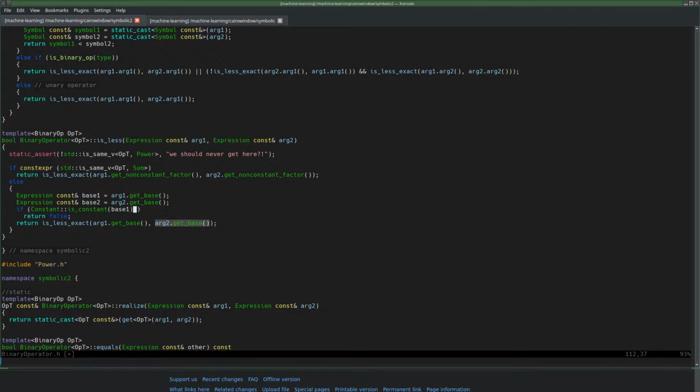Yeah, the base is only ever going to be a constant when the argument 1 itself is a constant.